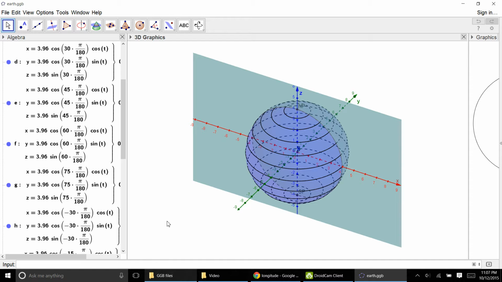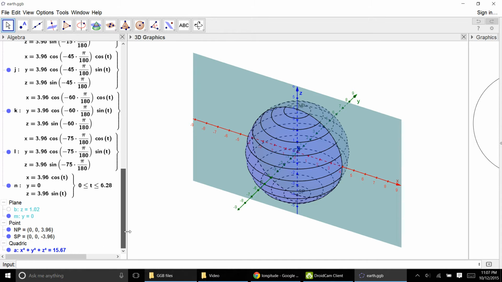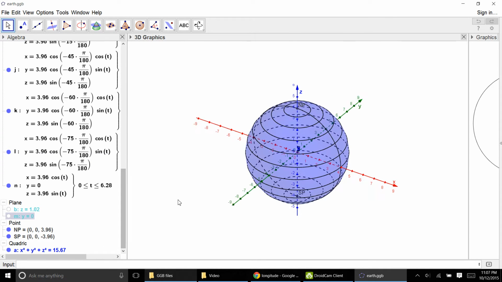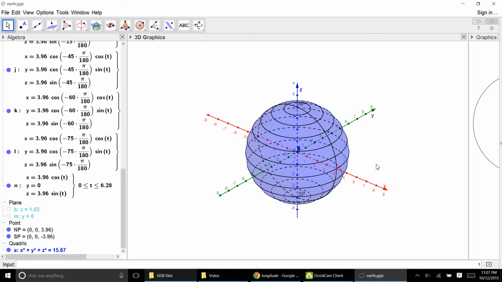There it did. So we got it. It goes through that plane, which we no longer need. All of these circles are going to be great circles this time, because they're always going to go through the North and South Pole.